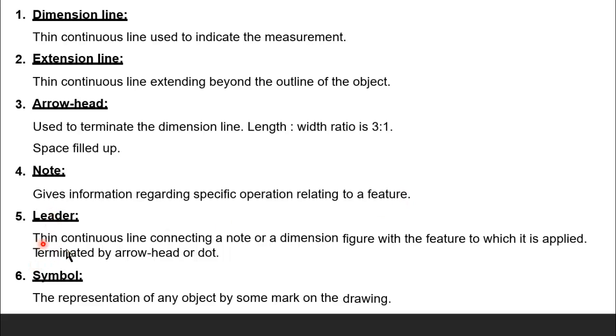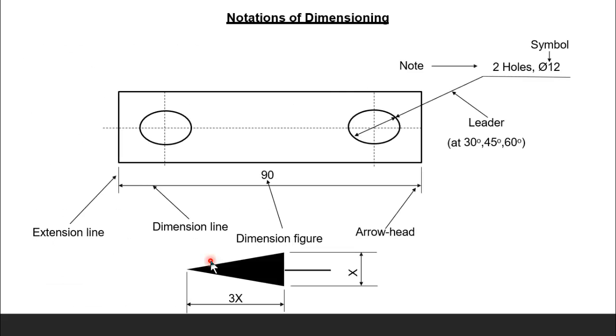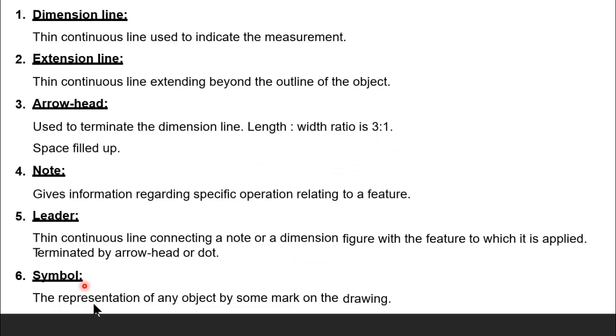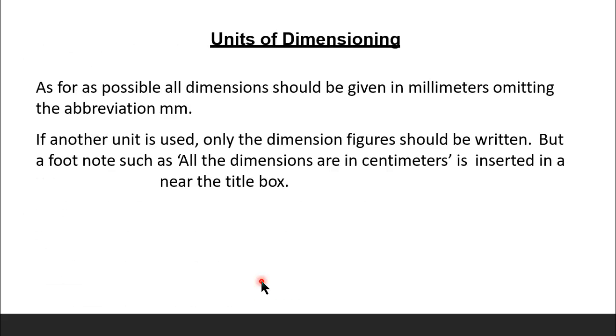Then leader: the thin continuous line connecting to a dimension figure to which the feature is applied, terminated by an arrowhead or dot. For these dimension lines with a leader line, at the end it should be either an arrowhead or a dot. Then symbols represent objects by some mark on the drawing. So these are the explanations of it.